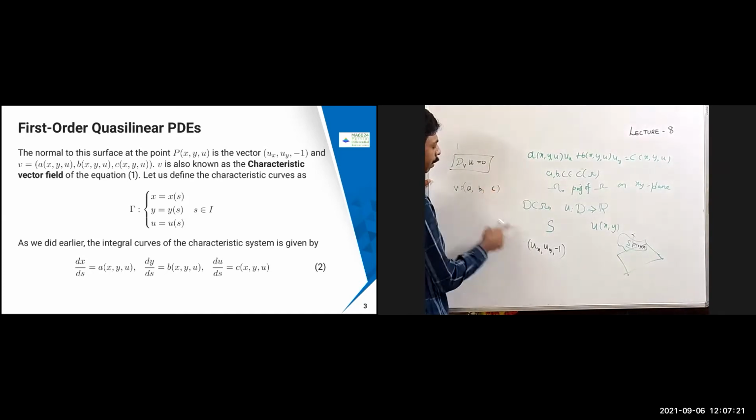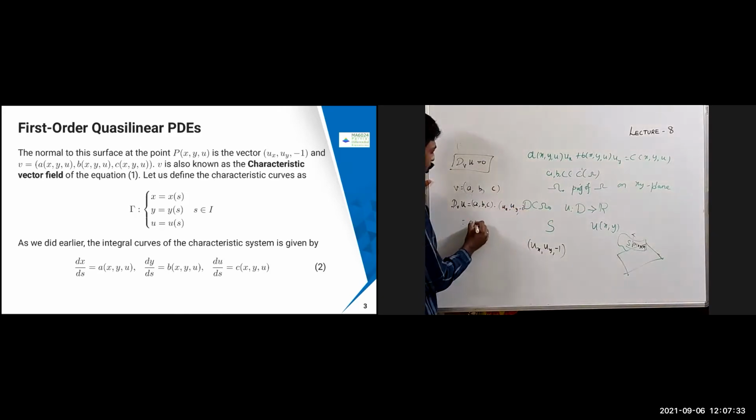Then D_v u is a comma b comma c dot ux comma uy comma minus 1, which gives a ux plus b uy minus c. That is the same thing I have written.